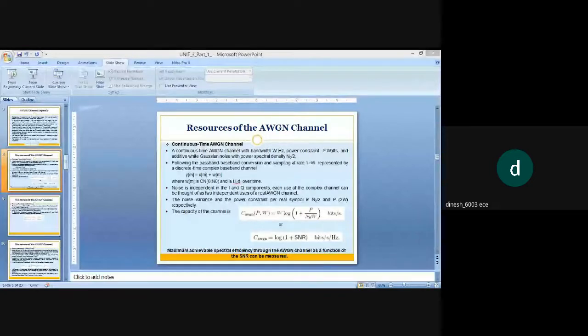So this dashed line represents the capacity and the dotted line represents the limit for bandwidth tending to infinity, which is P divided by N naught log to the base 2 of e, which is around 1.42. So the capacity will vary like this, which is a band limited range.